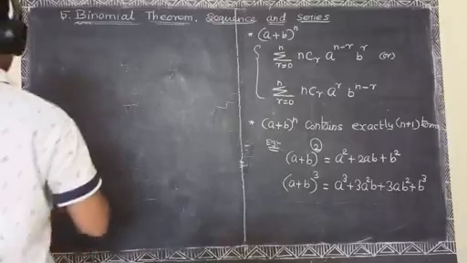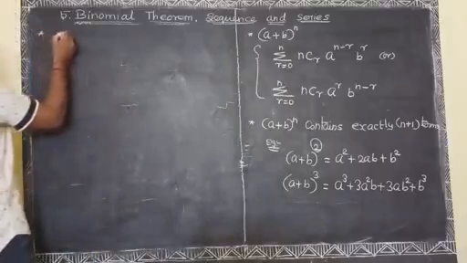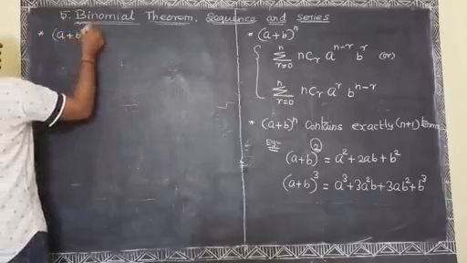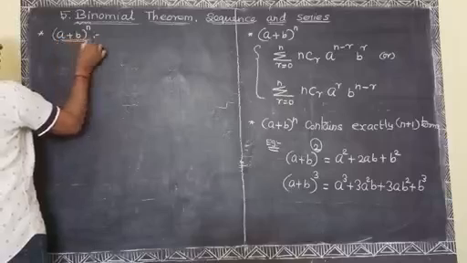Next, property number 3. (a plus b)^n in general.